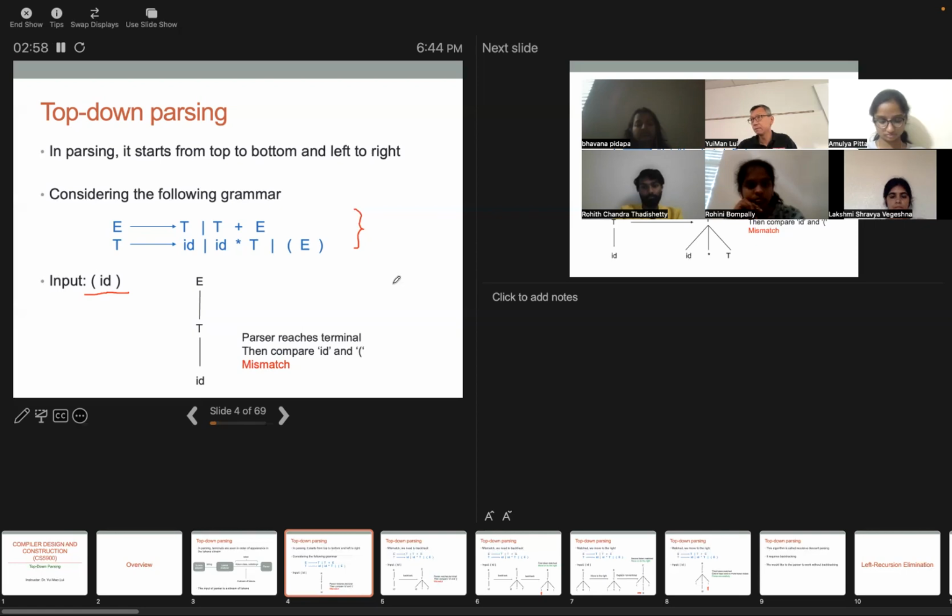I don't know which one to choose, so let's say we choose the first one. Then we expand T to ID.